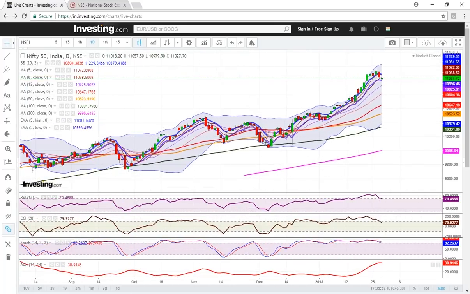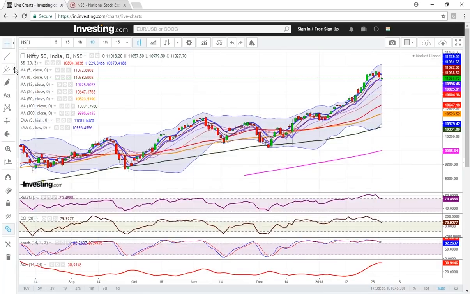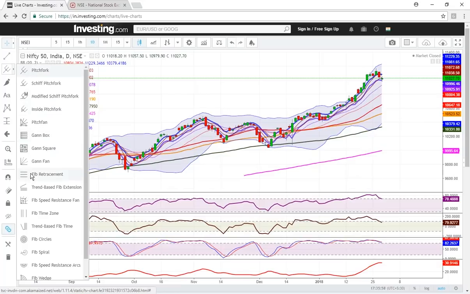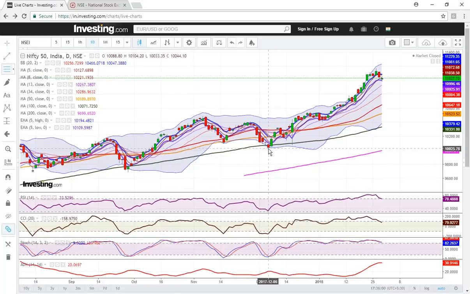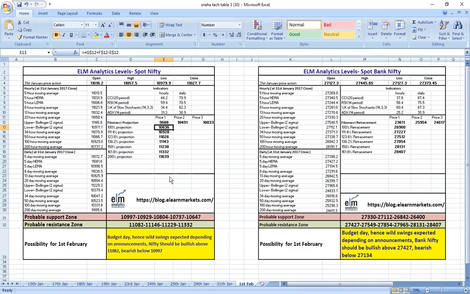The most important one we reflect in the table, but if suppose tomorrow we want to see another retracement, here I am clicking Fib retracement, and based on that I find okay, some level around this would be important for tomorrow. So we take that into consideration in building the table this way.